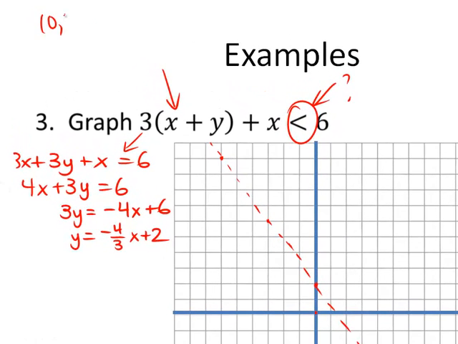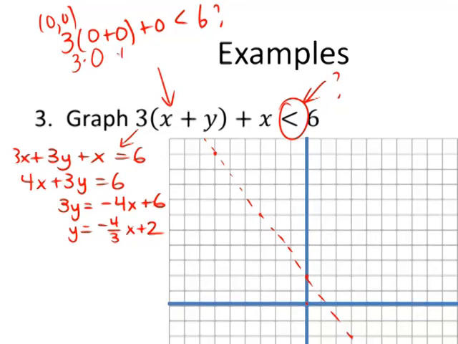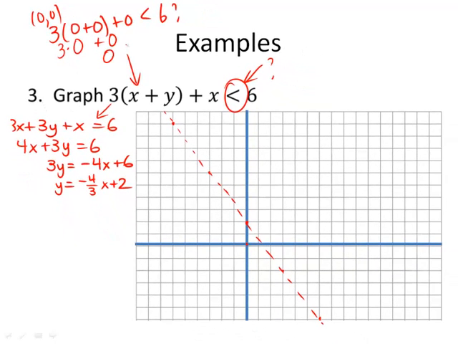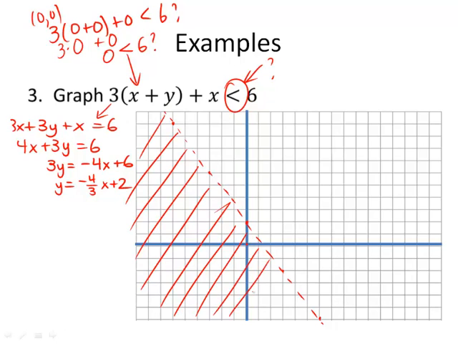If you had 0, 0, how would that work? Well, you'd have 3 times 0 plus 0 less than 6. Well, 3 times 0 plus 0 is 0. Is 0 less than 6? Yes, it is. So in this case, we can shade in that whole side. Notice that if it didn't work, then you would just shade the other side.